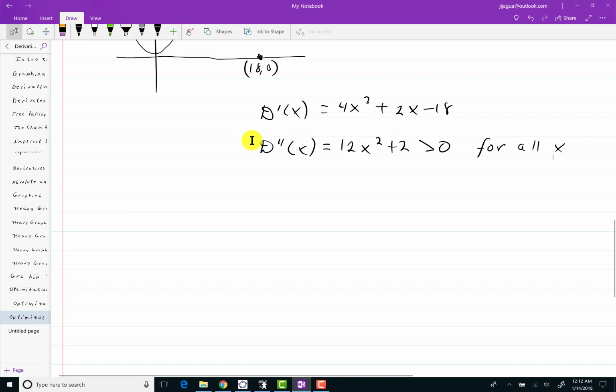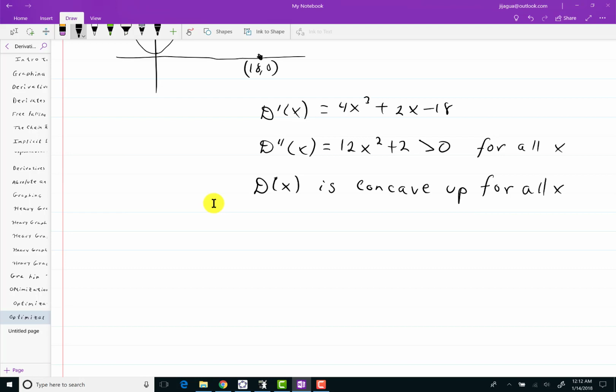What does that tell you about script d? This means that d of x is concave up for all x. Well, that means that the point that we found isn't only a local minimum, it's the absolute minimum, because we have only one critical number.